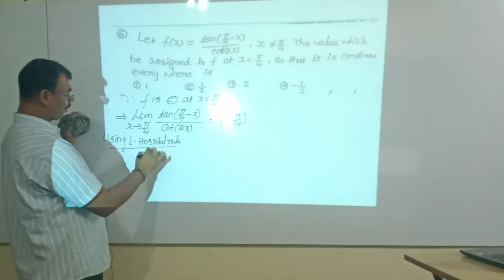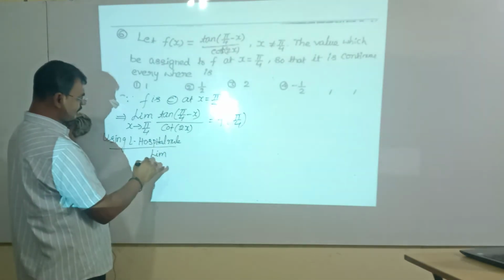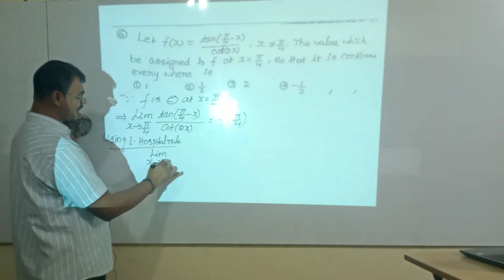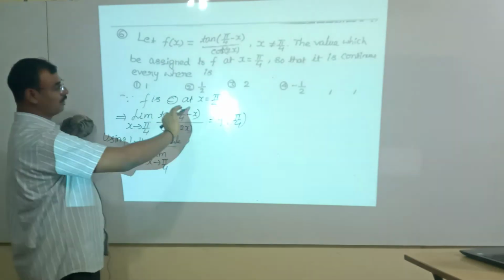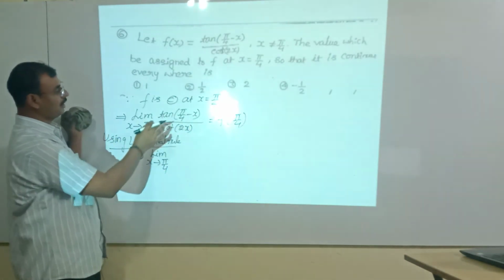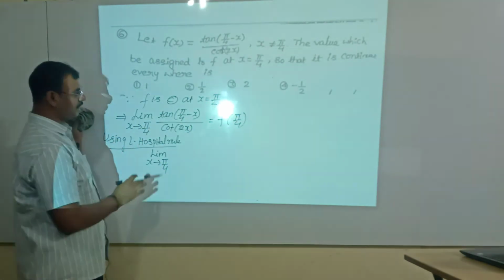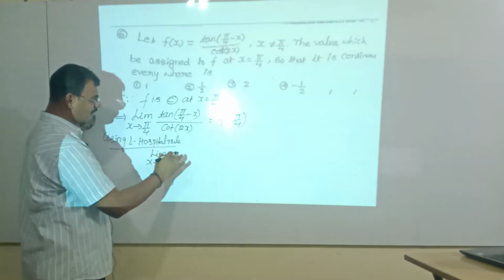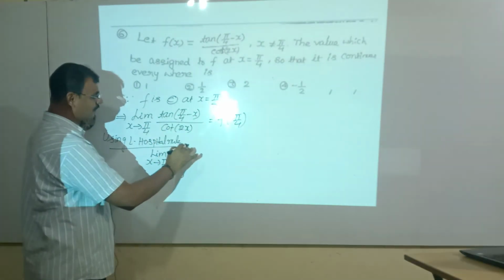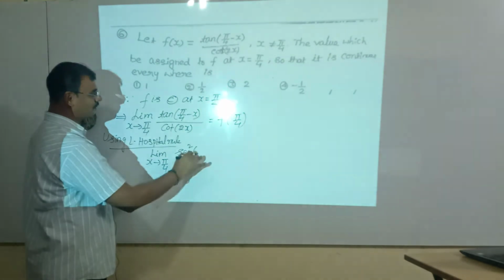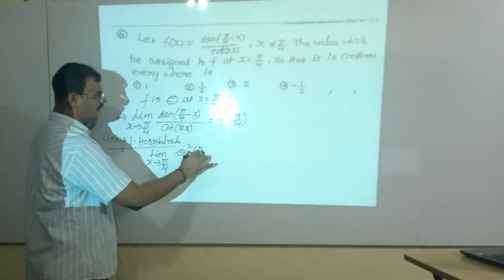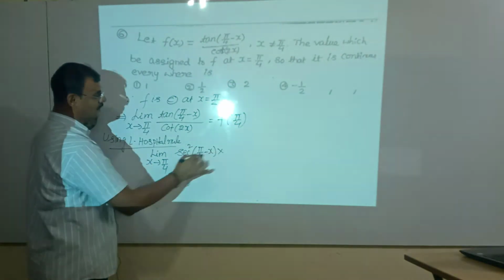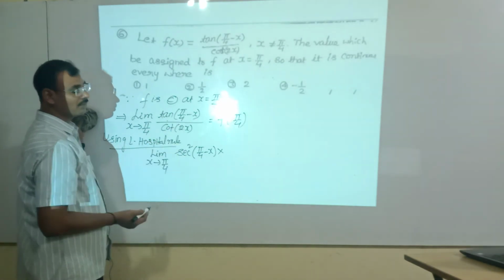So limit as x approaches pi by 4 here. You apply differentiation separately to both numerator and denominator. Differentiation of tan x gives secant square of pi by 4 minus x into function of a function.